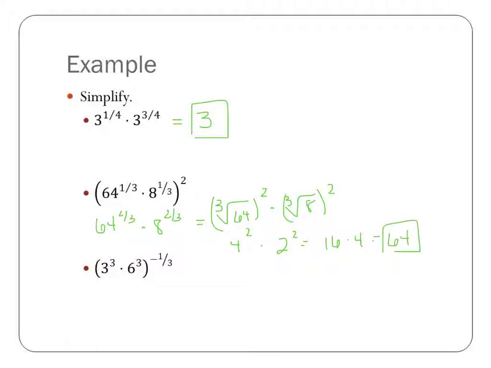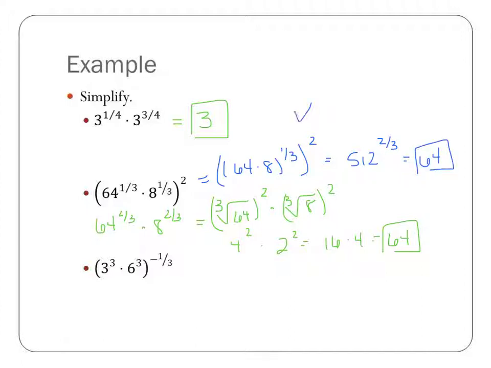Now the other way you could do it is because they both have the same exponent, you could go ahead and pull the exponent out, and then you're going to have 64 times 8 would be 512 to the 2/3 power, and really you could just do that in your calculator and you get 64.